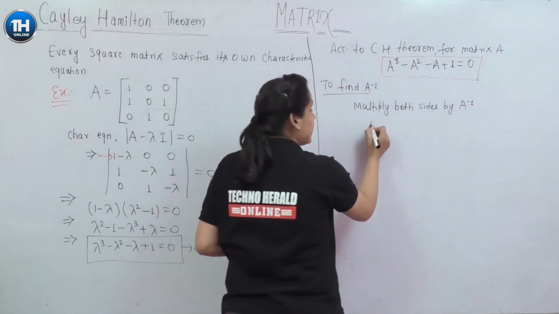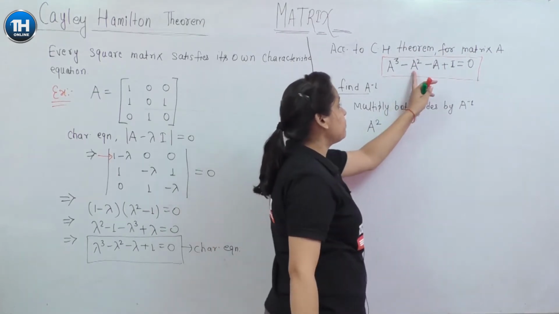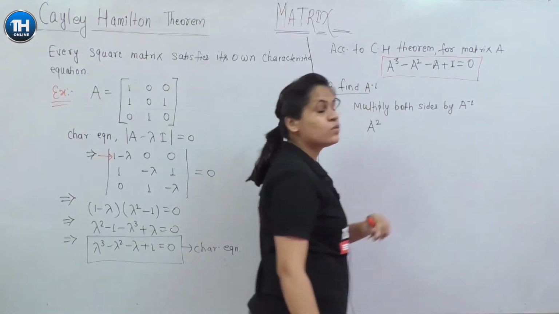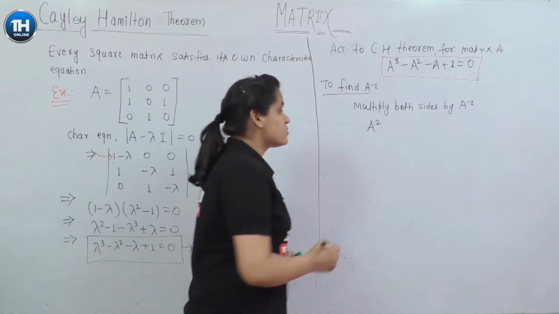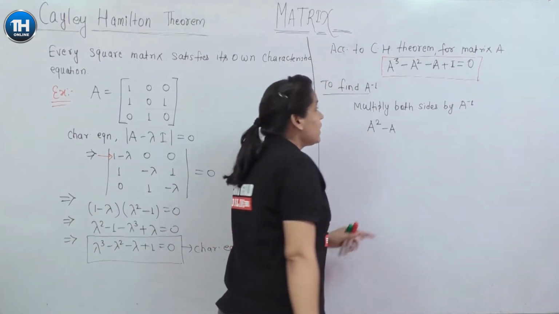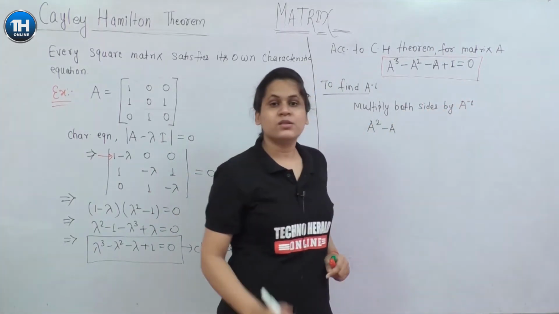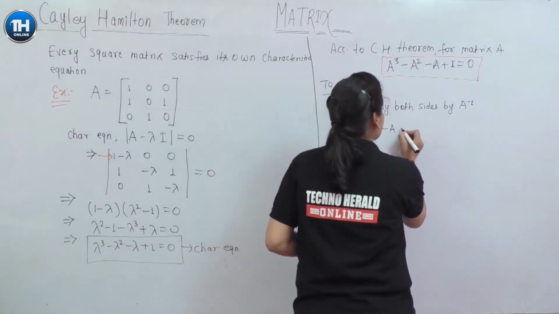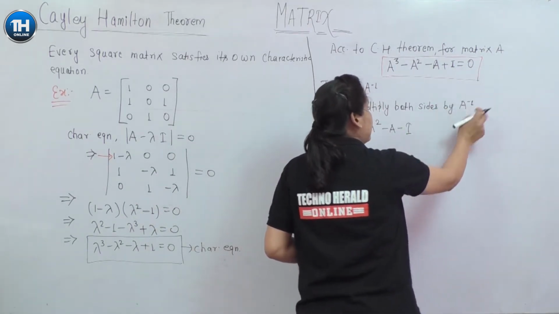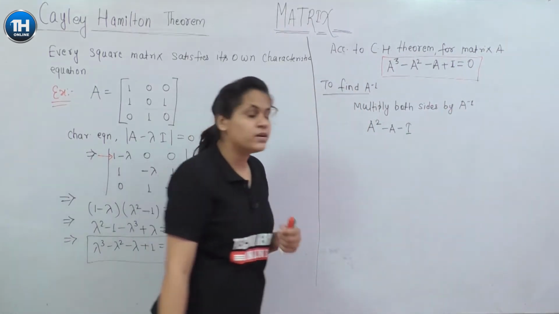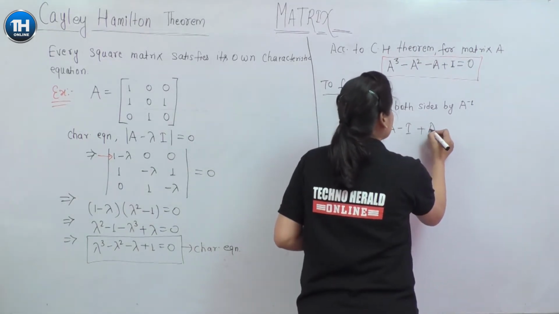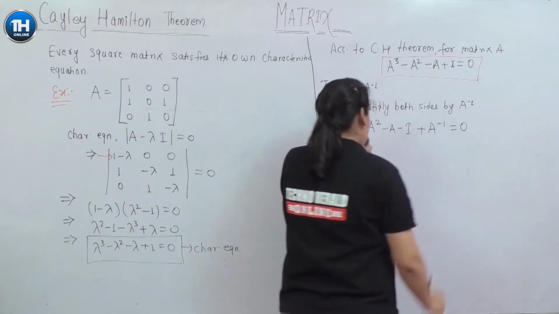You will get A square. If you multiply A square by A inverse, you will get A, so minus A. If you multiply A by A inverse, you will get I, so minus I. If you multiply I by A inverse, you will get A inverse, plus A inverse is equal to 0.